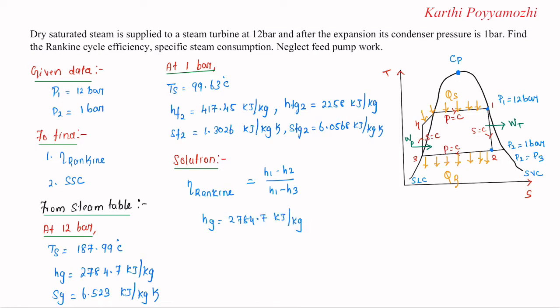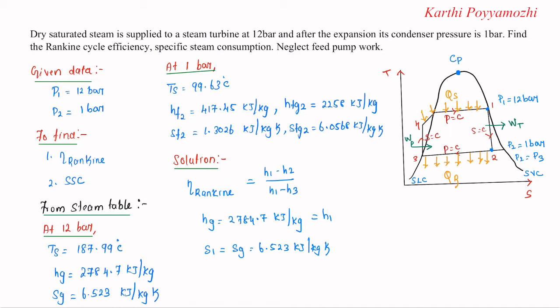This is the enthalpy of the gas at state 1, and this Hg is equal to H1 since it is dry saturated steam where X is equal to 1. In the same way, the value of S1 will be equal to Sg, which is 6.523 kilojoule per kg Kelvin. So we have the values of H1 and S1.